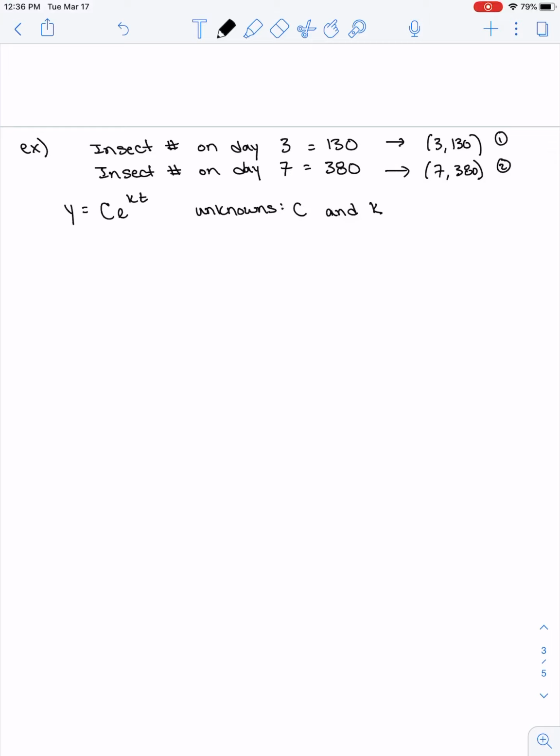So let's plug in, I guess, our first equation there. So if we use our first set of points, then we will say, okay, 130 is equal to c e to the 3k. And let's go ahead and solve this, I guess, for c first. It doesn't matter which constant we solve for first. So if we divide this by e to the 3k, we get that c is equal to 130 over e to the 3k. Beautiful.